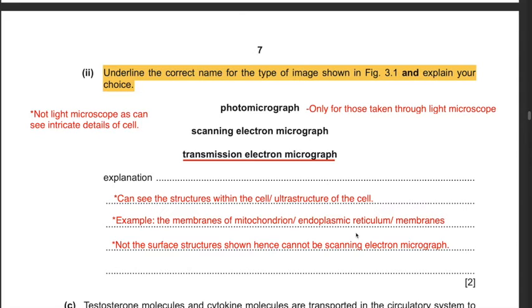Scanning electron micrograph is only concerned with surface structures. However, this given diagram shows the intricate details or the other organelles visible inside the cell. Therefore, it should be transmission. Since this question is for 2 marks, 1 mark is for underlining and the other mark is for explanation. The explanation is you can see the structures within the cell or ultrastructure of the cell.